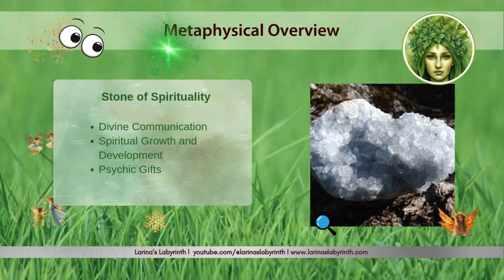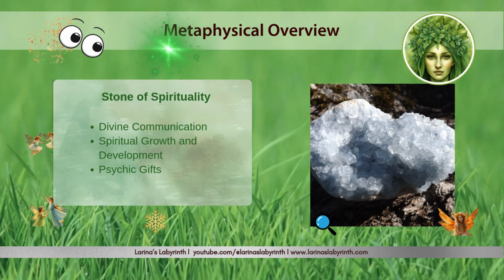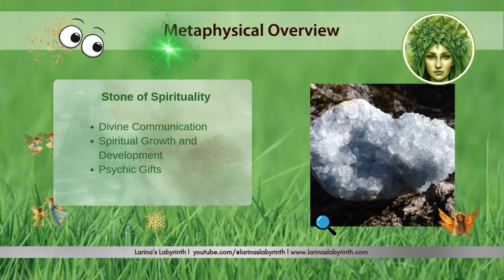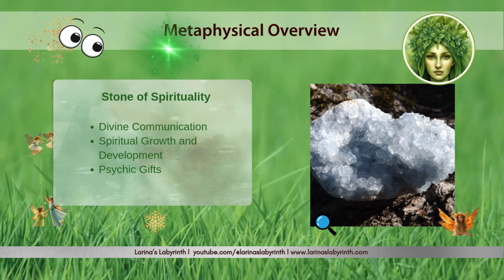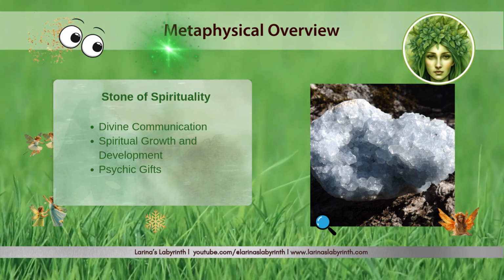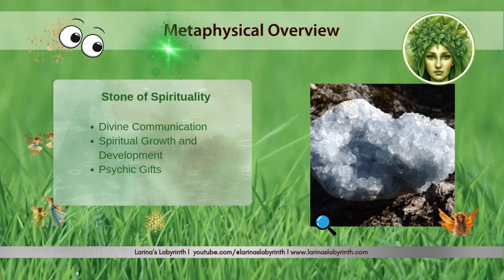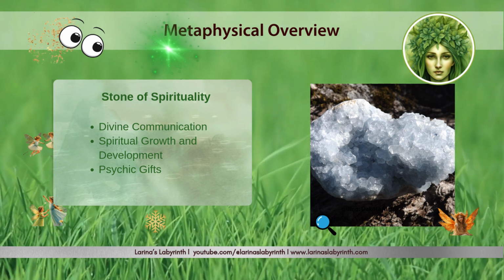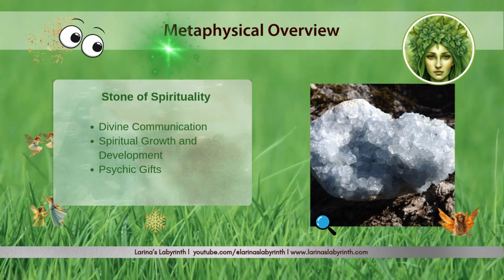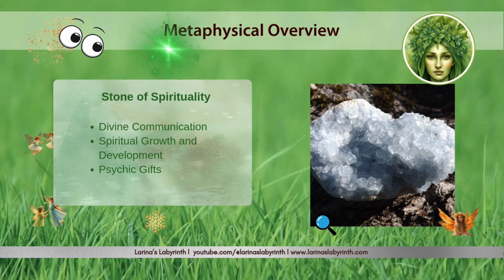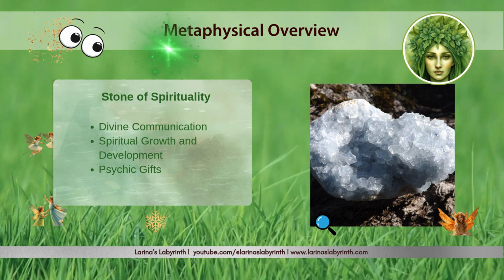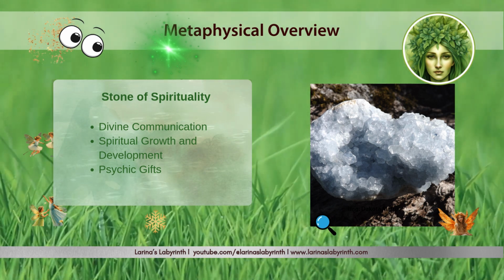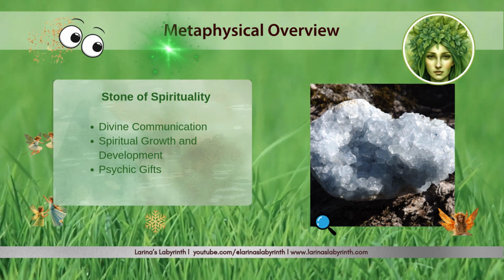Now, I'm going to go into that in more detail a little further along with the slides, but I think when you look at it like this, it's kind of a top-heavy crystal. If you're talking about psychic gifts to start with, you're talking about the brow chakra. And when you're talking about communication, you're talking about the throat chakra. So we're talking about upper body chakra work, where the energy of Celestite tends to be directed.